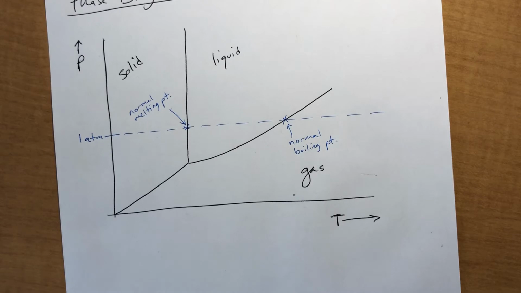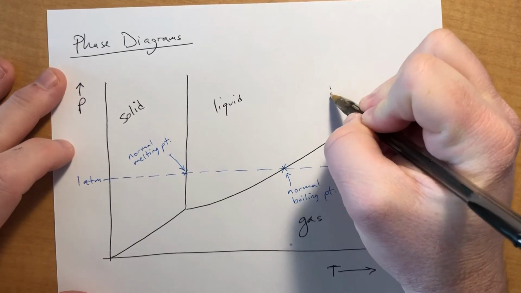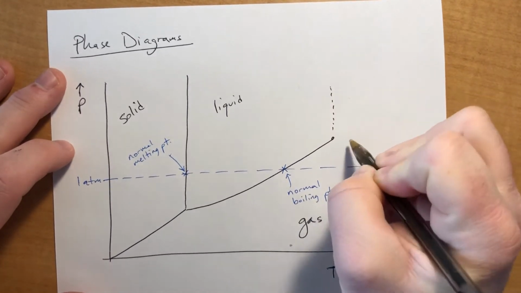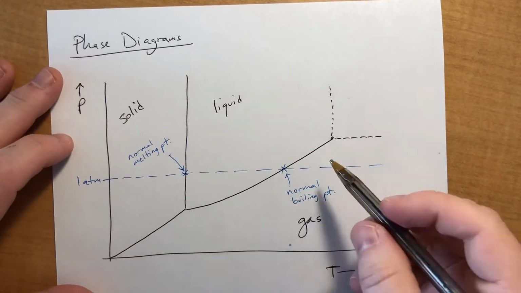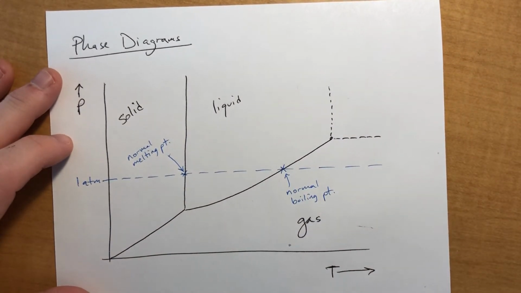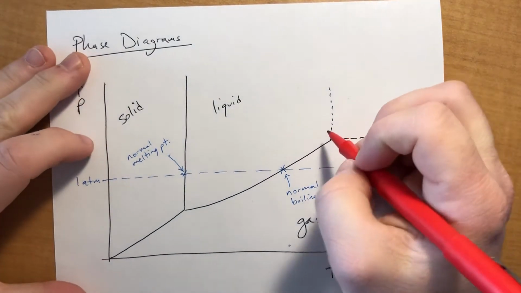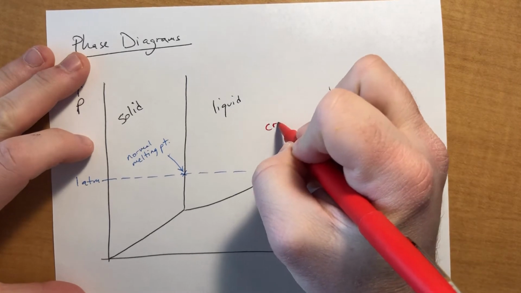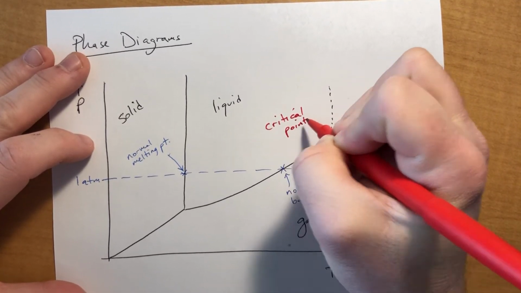If you have all these phase changes occurring, I guess it's not a reaction, if you're heating and cooling things in a closed system, what'll happen is you'll get to this point up here where things get a little weird. This is the critical point, which we saw a couple videos ago.